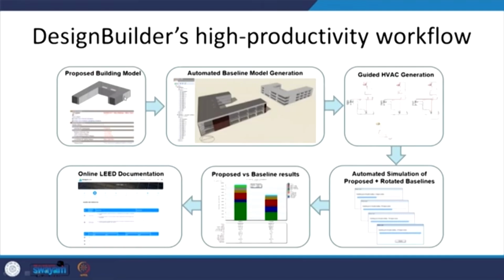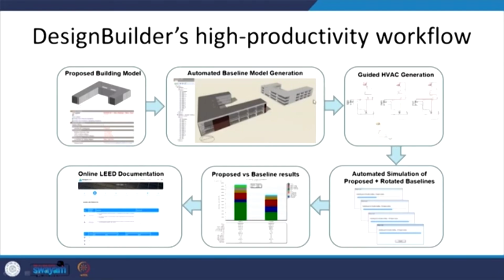And once we have selected the reference code and we have completed making the proposed building, we just have to click a button, select certain basic parameters, tick them, and then we get a baseline building made available here. And then we generate the HVAC for this baseline model, and then it automatically does the simulation of the proposed case and the rotated baselines.